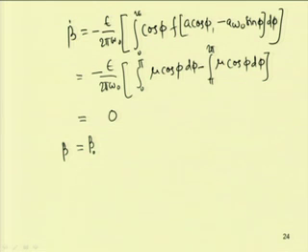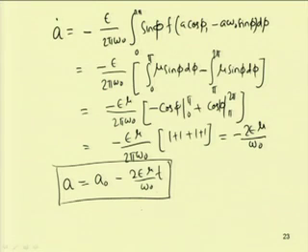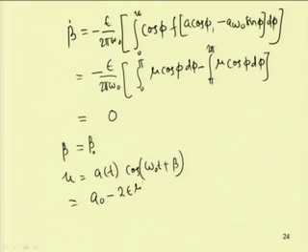So, we can write u equal to A(t) cos of omega 0 t plus beta, which is equal to A 0 minus 2 epsilon mu t by omega 0, the whole thing, into cos of omega 0 t plus beta.